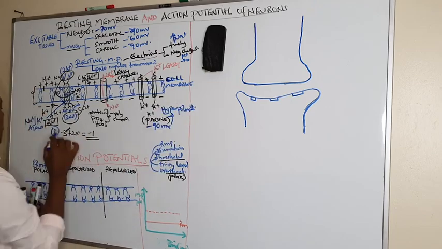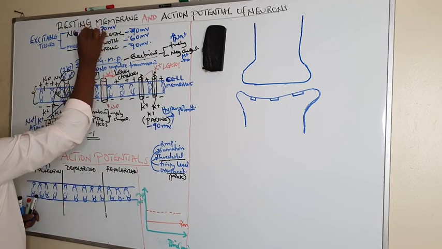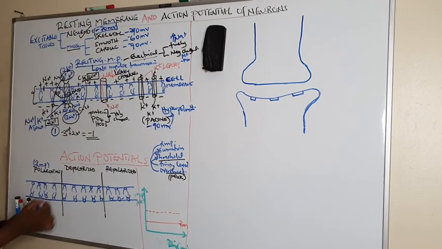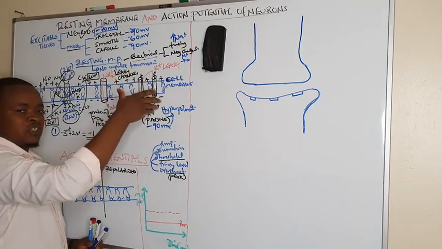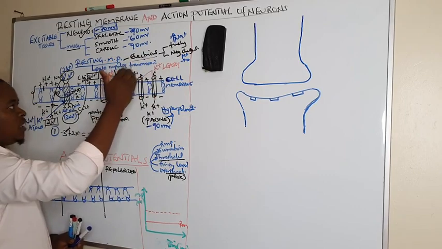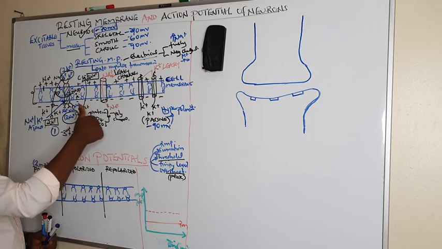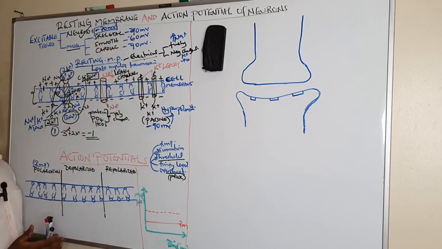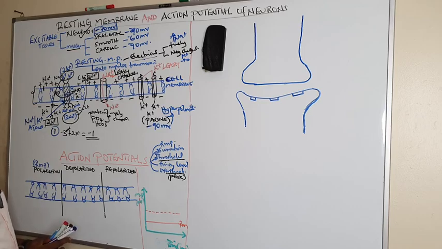Because the polarized state is at negative 70, so when you go to negative 90, that is what we call hyperpolarization. So due to continuous leakage of potassium ions, yet the sodium doesn't leak so much, there is little leakage. So it also creates a charge difference, which maintains the resting membrane potential.